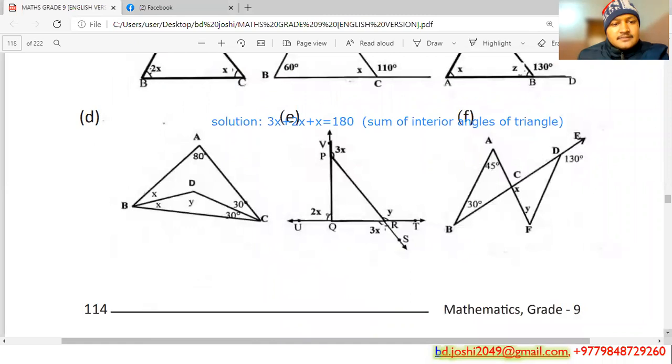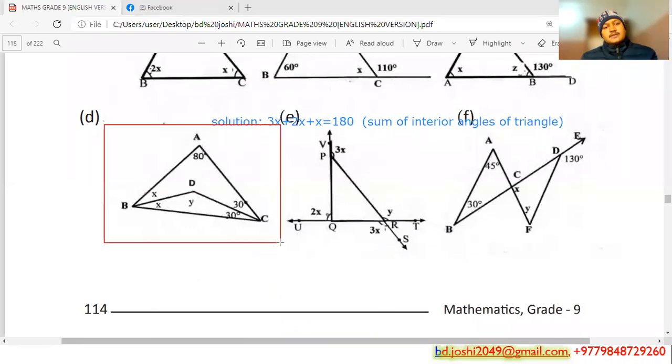Okay, now look at question number D. This one. How will you do it? Look at the big triangle ABC. In this triangle, the sum of all angles of a triangle is equal to 180 degrees, isn't it?